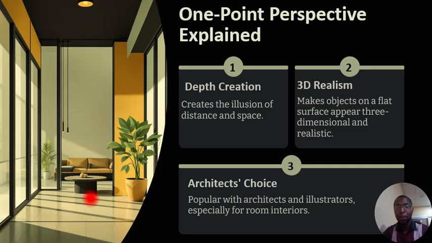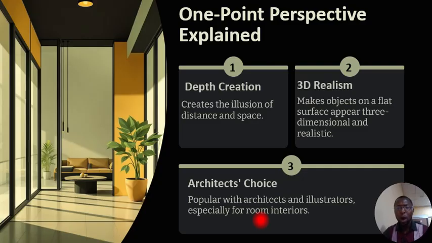That is what one point perspective drawing is about. It gives you the illusion of distance and space, creating a surface that appears three-dimensional. It gives a realistic appearance of a 3D object, and it's popularly used by architects to illustrate especially room interiors. So that is what one point perspective drawing is about.